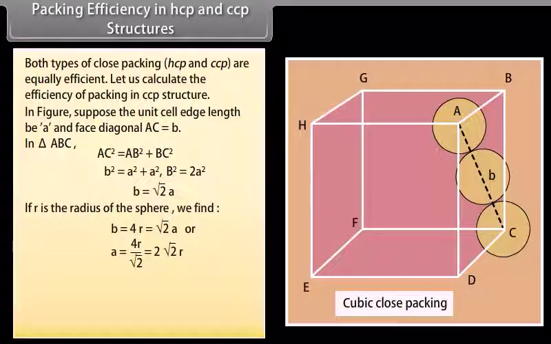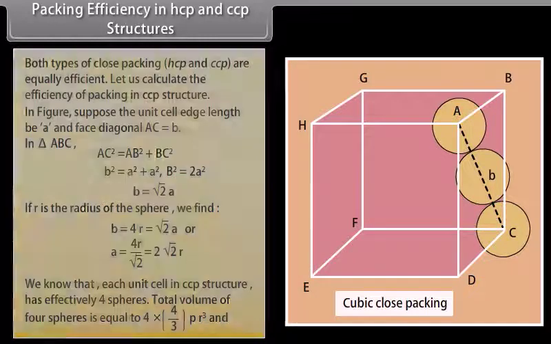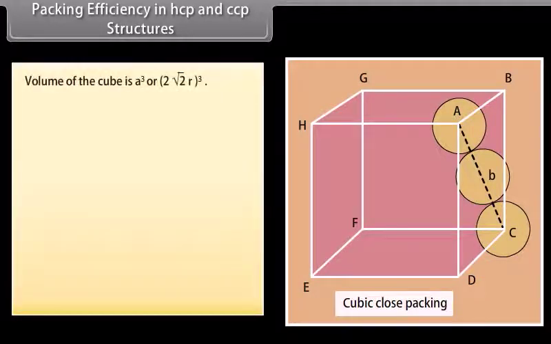We know that each unit cell in CCP structure has effectively 4 spheres. Total volume of 4 spheres is equal to 4 × 4/3 πr cube, and volume of the cube is a cube or (2 square root 2 r) cube.